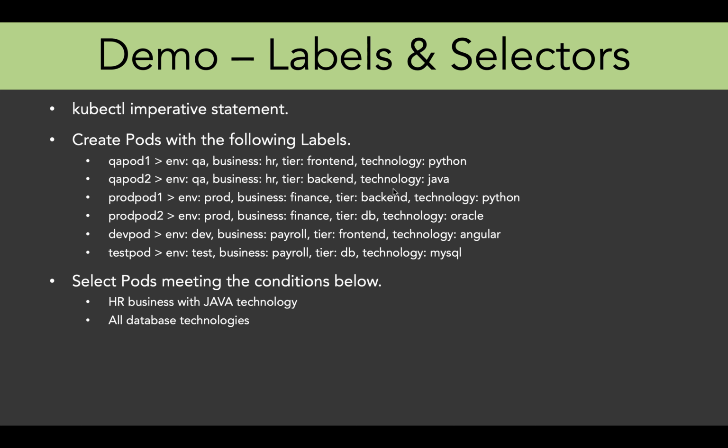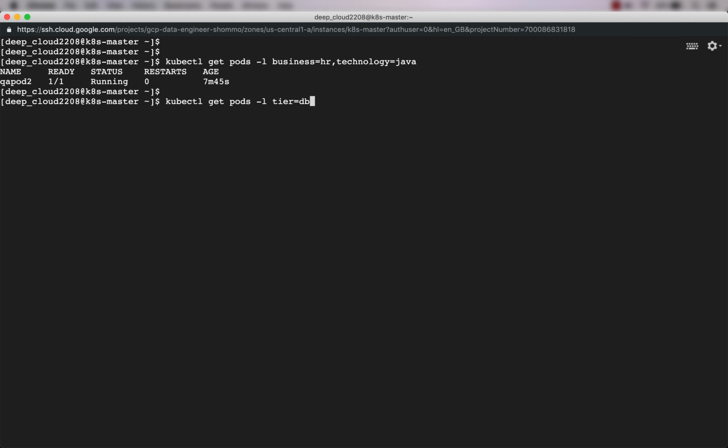Let's see the next one. We want to find out all database technologies hosted in the pods. So in this case, the tier should be DB. That's what we want. And this would be the command: kubectl get pods -l tier=DB. We have two pods, prod pod 2 and test pod. One of them has an Oracle database and the other one has a MySQL database.